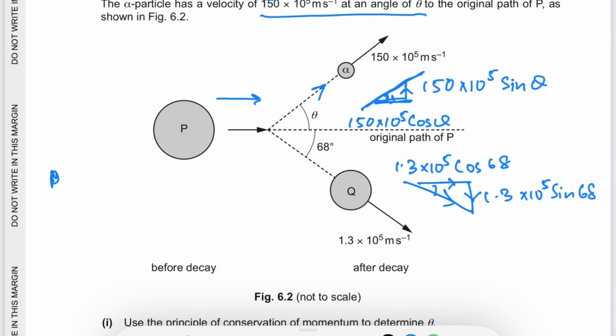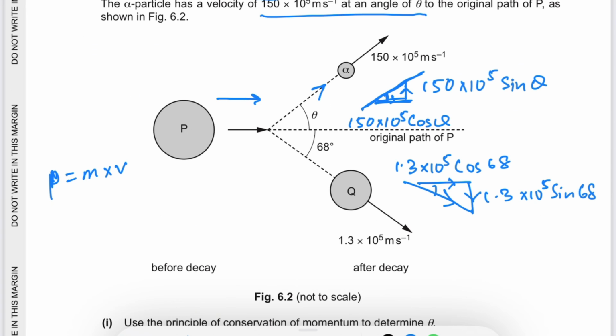Since we don't know the horizontal velocity of P before the explosion, we can't work with the horizontal components. Remember, momentum is equal to mass times velocity. If you want to work with these variables, you need to know both of these values, which is why we'll be looking at the vertical component. Right, we don't have the horizontal momentum of P, which is why we'll be looking at the vertical components, because we know for sure its initial vertical velocity is 0.